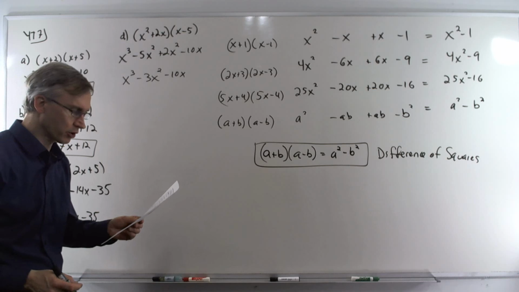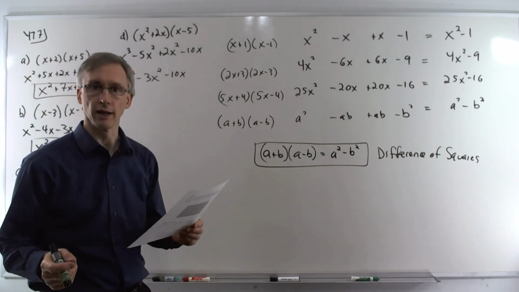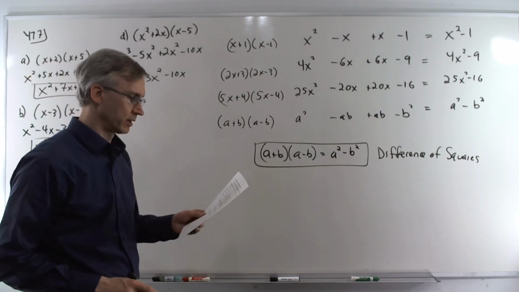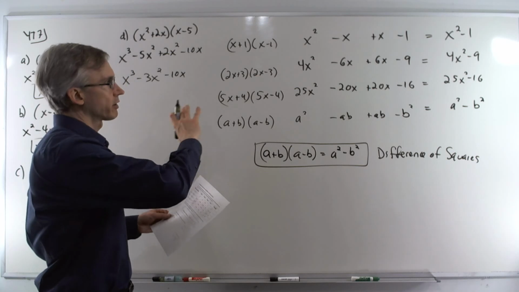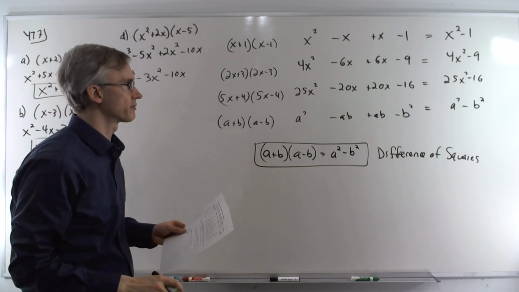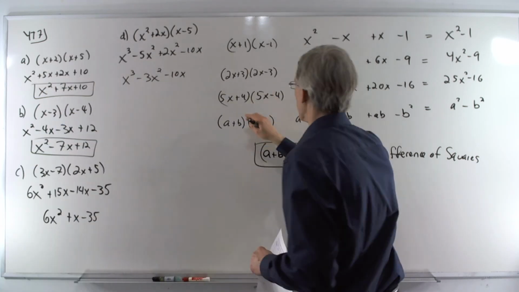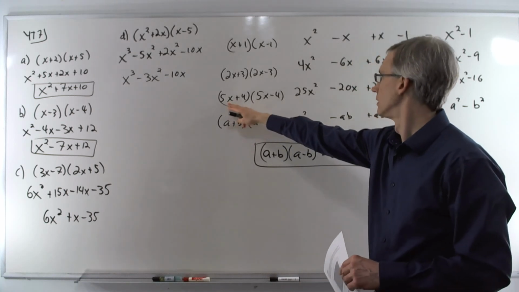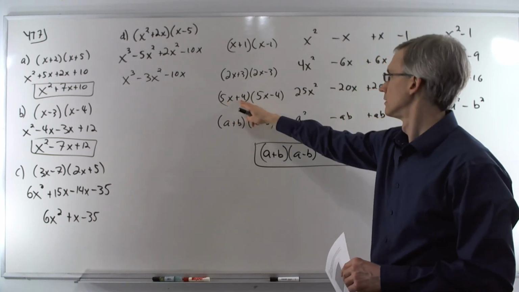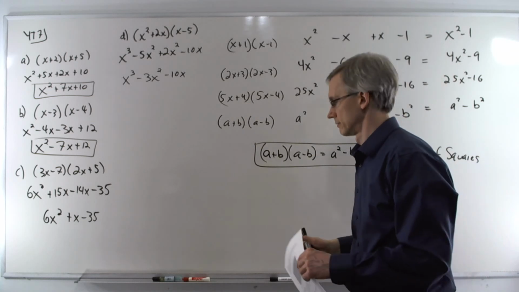All right, now let's use the shortcut in your turn number 8. Use this formula so that you don't have to go through and do the whole FOIL. Just find the first term squared and subtract the second term squared.